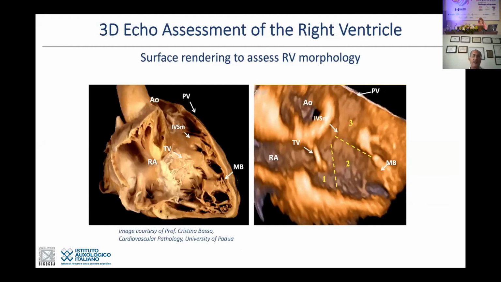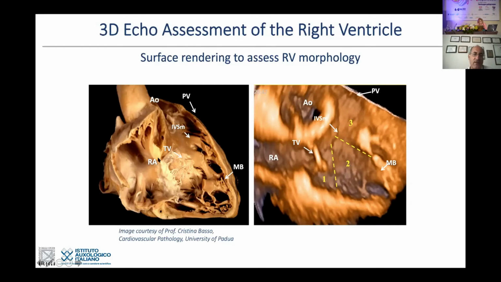With the volume rendering, we have a very detailed visualization of the complex anatomy of the right ventricle, with images that are very similar to the anatomical specimen provided by our pathologists.